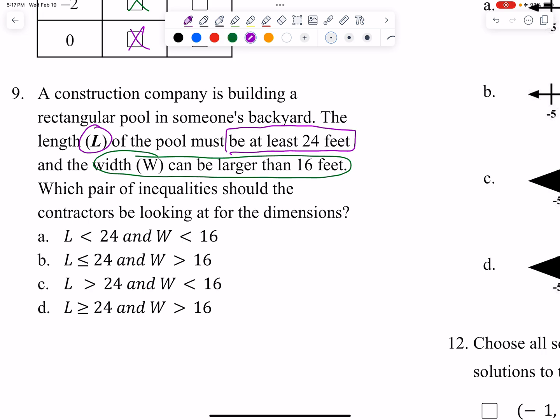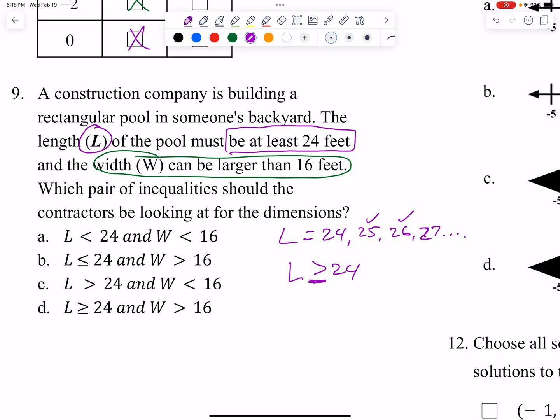Okay, let's do one at a time. So for the L, has to be at least 24. So L equals 24. Can L be 25? Yeah. Can it be 26? Yeah. 27, etc. Right? So it has to be at least 24. So L has to be greater than or equal to 24. Do you see that? Because 25 is bigger, 26 is bigger.